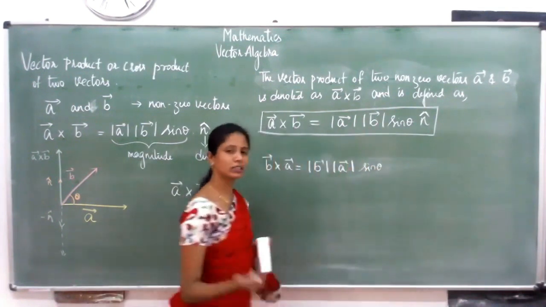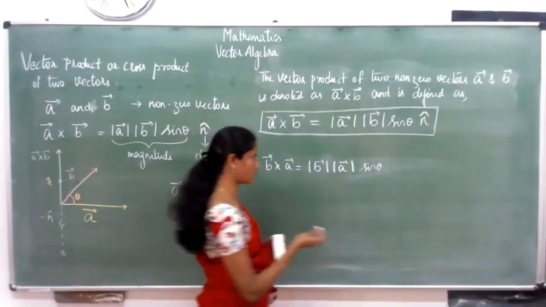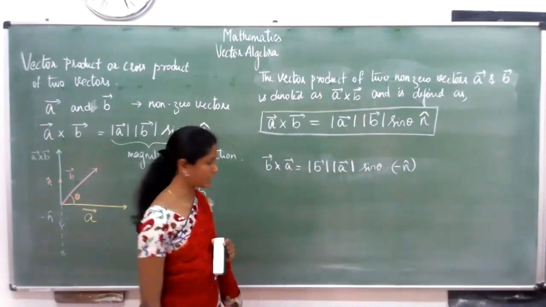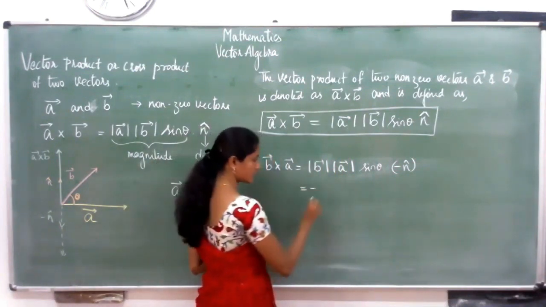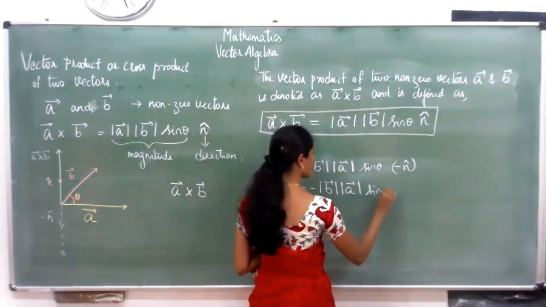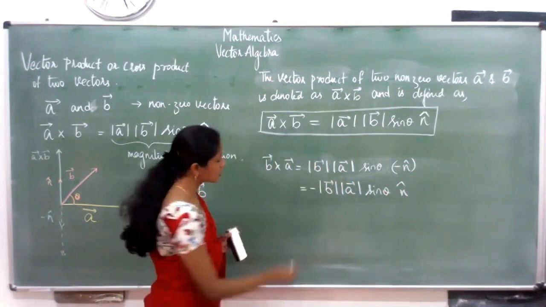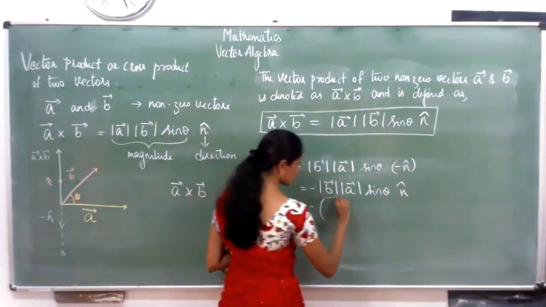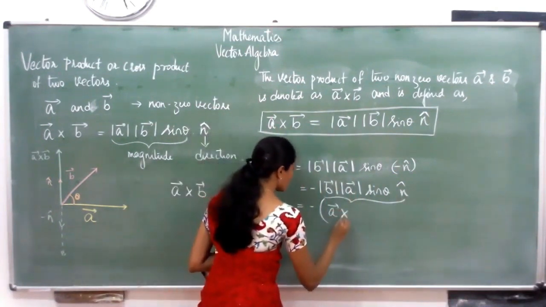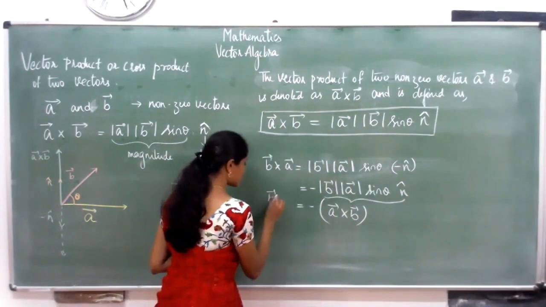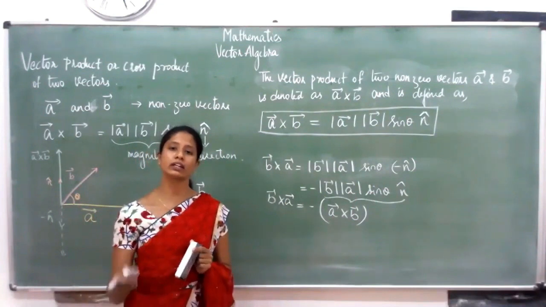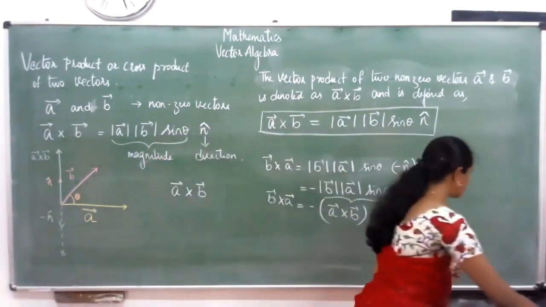This can be interchanged because the magnitude doesn't change. But the direction is in the direction of minus n cap. So this will be equal to minus of magnitude of vector B into magnitude of vector A into sin theta into n cap, which is the same as minus of A cross B. Vector B cross A will always be equal to minus of vector A cross B. You should keep it in mind.